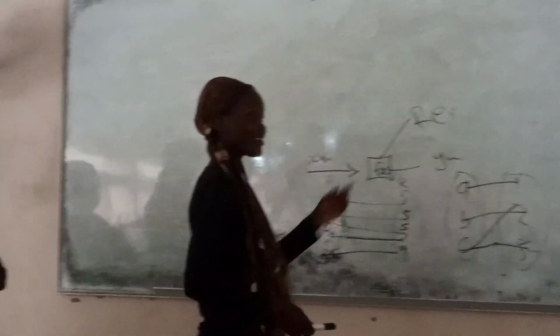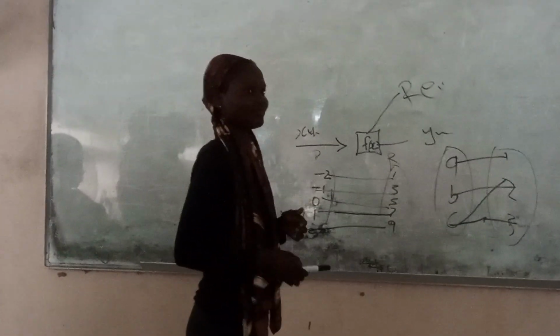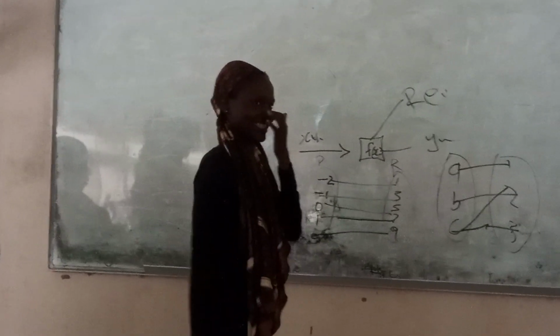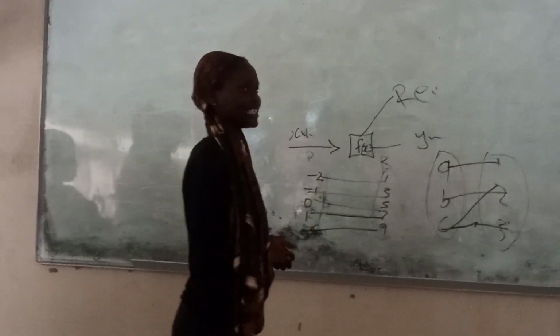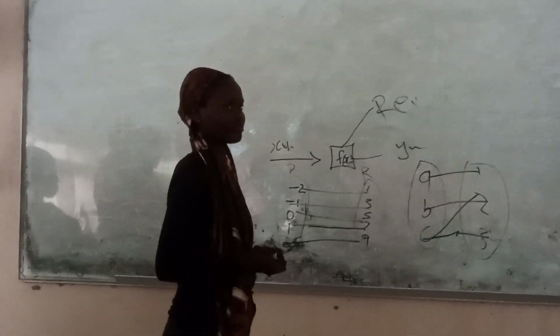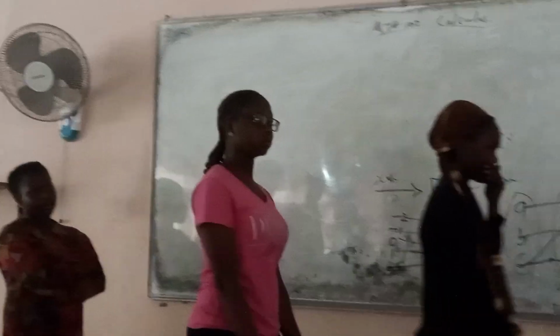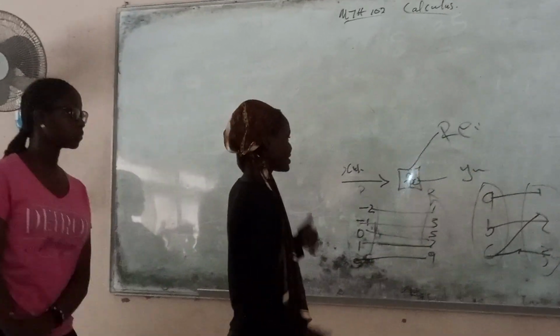The surjective mapping is the one in which the domain and the range are mapped at once. It's bijective mapping. Is that all that you have to say? Can you tell us more about what you have learned?